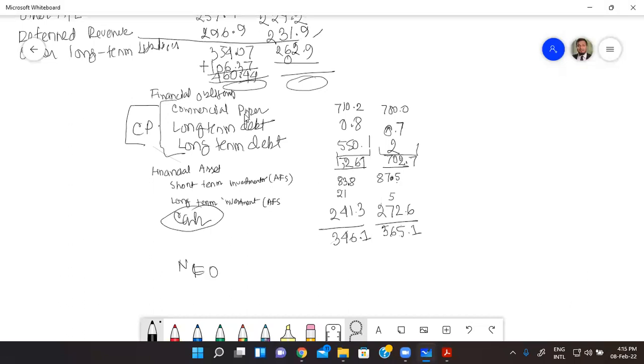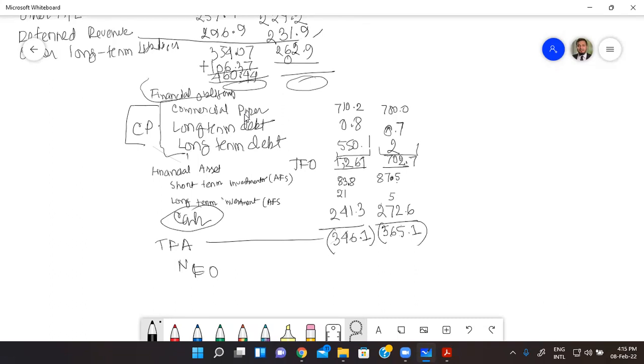Now, how do you get the net financial obligations? It is the total financial obligations minus the total financial assets. If you subtract the total financial assets from the total financial obligations, you can write it as a minus amount, no problem.